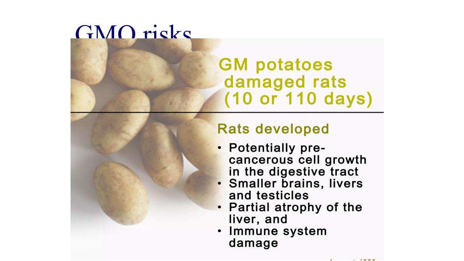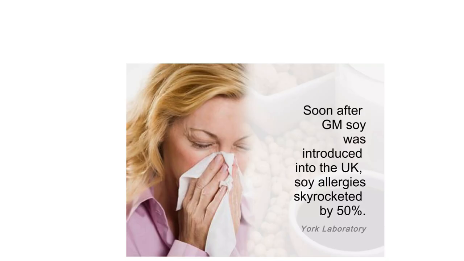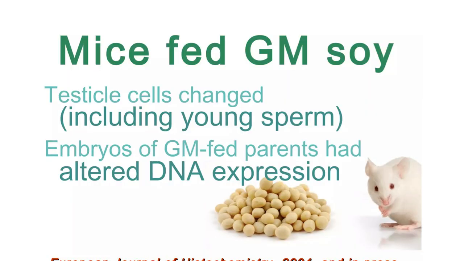A lot of people are allergic to soy. The GMO soy produced a chemical that a lot of people were found to be allergic to. Animal tests on rats showed these kinds of problems.